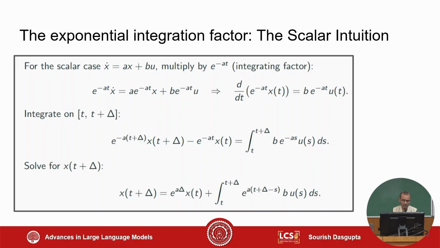You integrate both sides and you get this, and then you solve for x of t plus delta, which will give you e raised to a delta times x of t, plus that particular integration factor, right? So that's how you get to the solution. And it's a closed form solution.